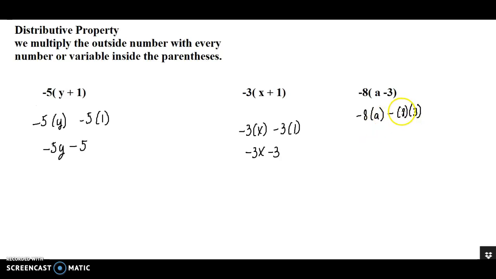So that gives me a negative 8a minus, a negative 8 times 3 gives me a negative 24. And now we're going to clean this up. Minus a negative 24 is the same as negative 8a plus 24.